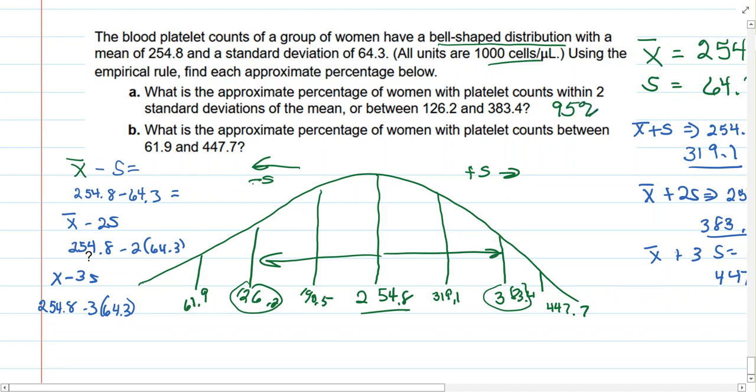What is the approximate percentage of women with platelet counts between 61.9 and 447.7? Well, that's 3 standard deviations around the mean.